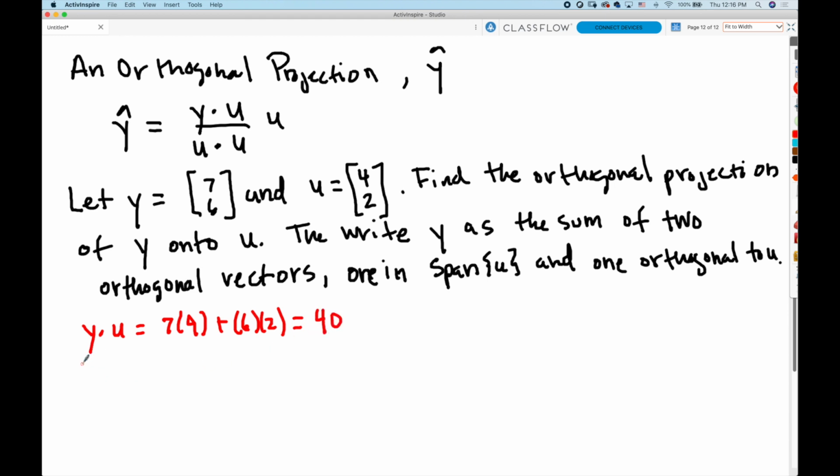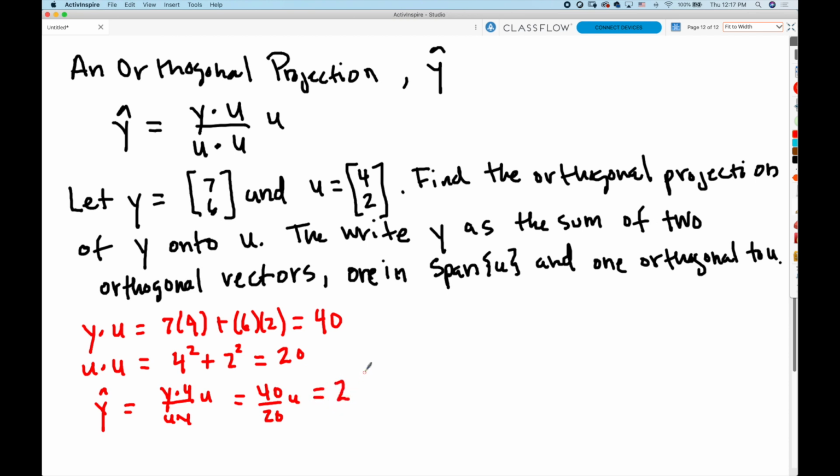Okay. And I also need to compute u dot u. U dot u is going to be 4 squared plus 2 squared, all right, which is 16 plus 4 is 20. Okay, and so my orthogonal projection, y tilde, the orthogonal projection from y to u, is going to be y dot u over u dot u times u, which is going to be 40 over 20 times u, which is going to be 2 times u.